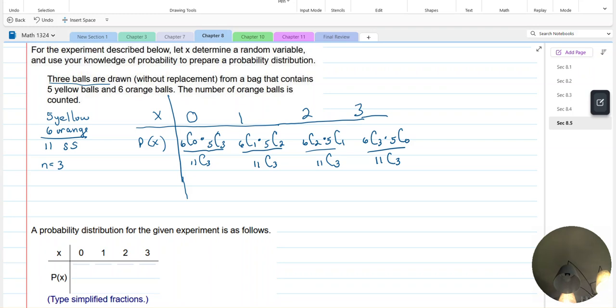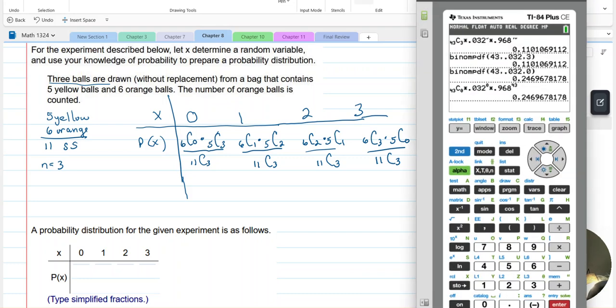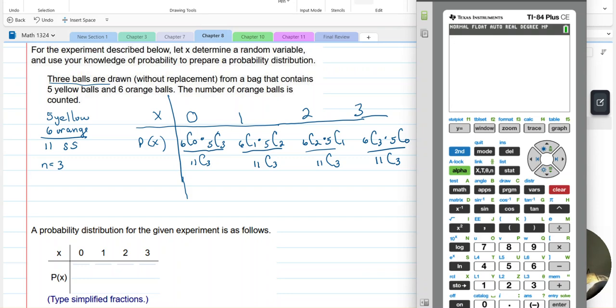All right, so let's do some math. I'll pull out my calculator. I'm going to have this whole thing entered, or I can possibly have it reduced, but I'm going to do the whole thing.